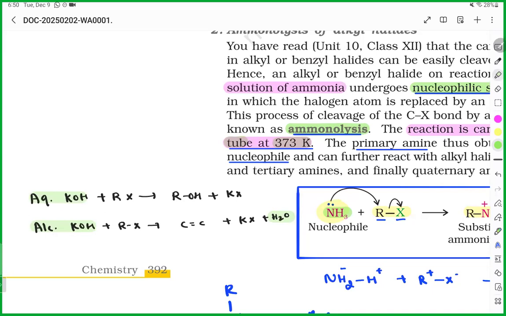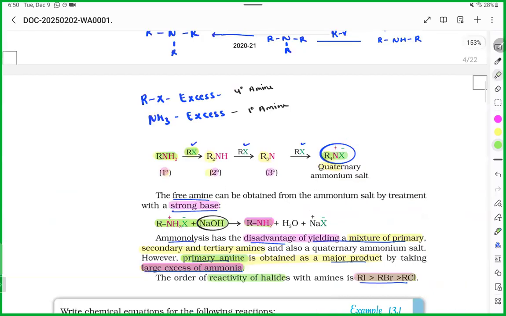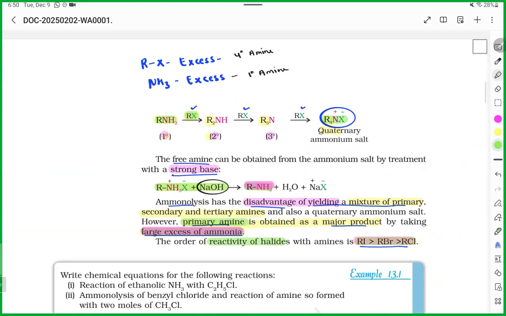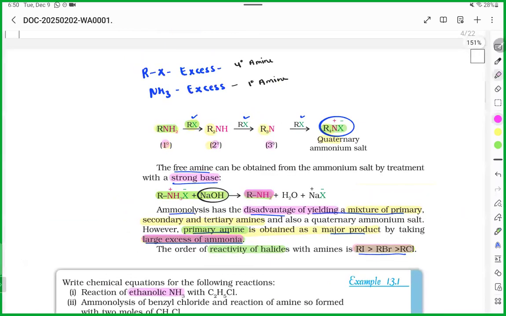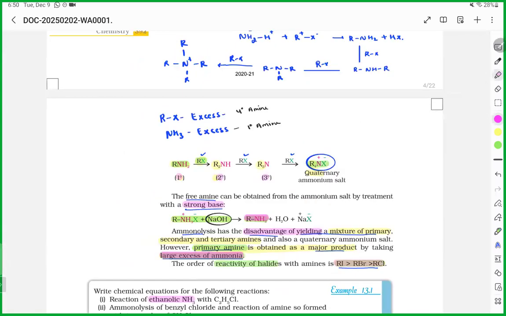Okay. So solve this question, everyone. When you have ethanolic, you can see here, it can remove water also.